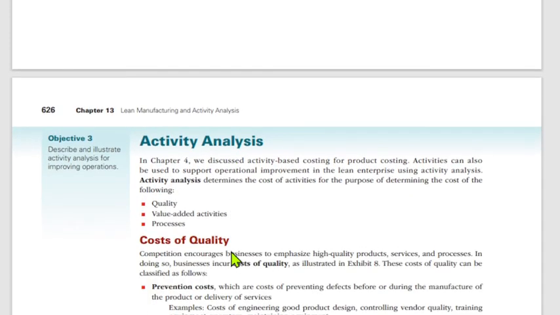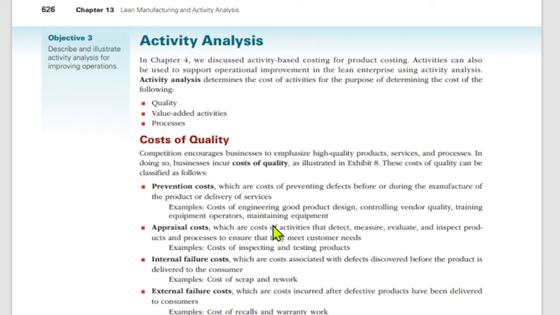Okay, let's proceed with the activity analysis. The activity analysis in conjunction with lean manufacturing is essentially the same with that of yung diniscuss natin sa activity-based costing. So, ang tinitingnan dito is the quality, the value-added activities, and the processes. And I want you to focus on this quality cost, yung prevention, appraisal, internal failure, and external failure cost.